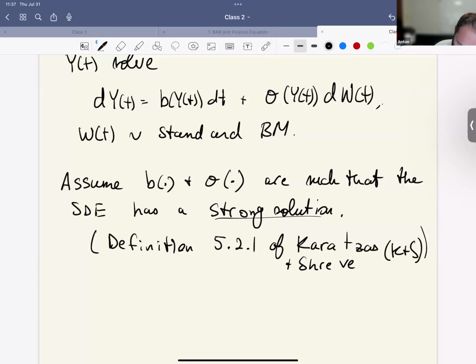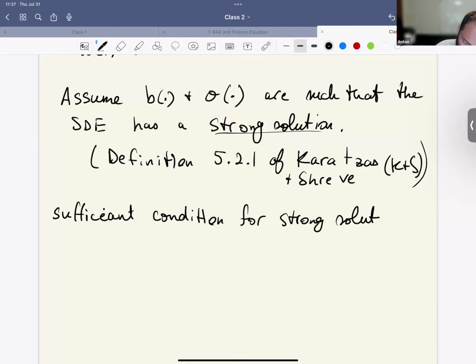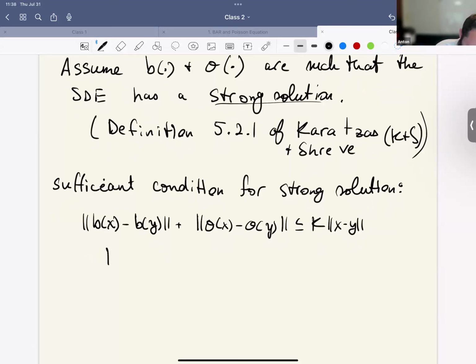I'm going to call this K and S. Okay, a sufficient condition for a strong solution is number one, the norm of b(x) minus b(y) and sigma(x) minus sigma(y) is less than or equal to k times the norm of x minus y, and number two, b(x) squared plus sigma(x) squared is less than or equal to k squared (1 + x squared).